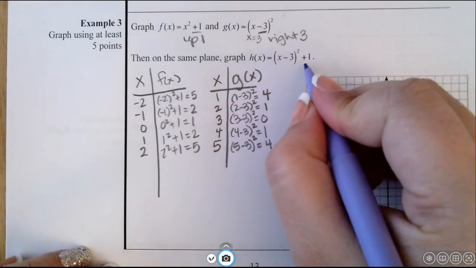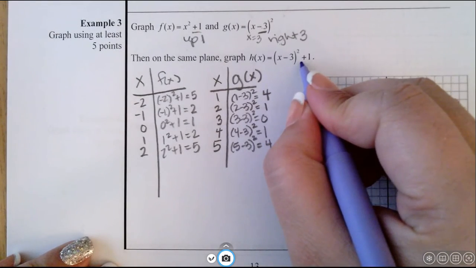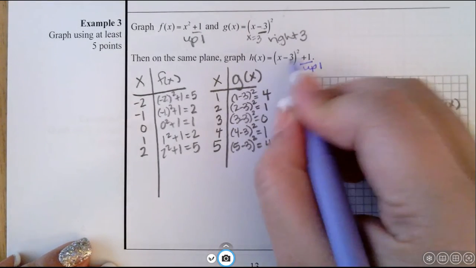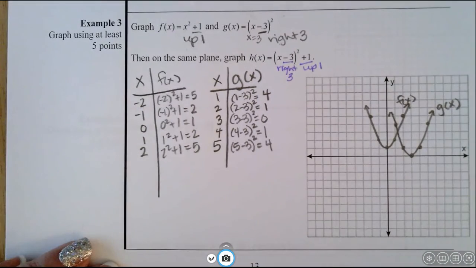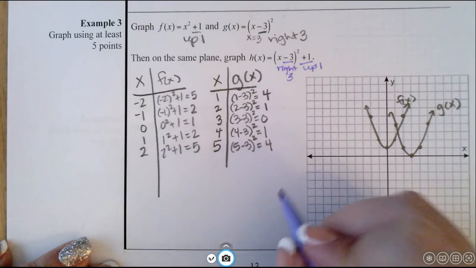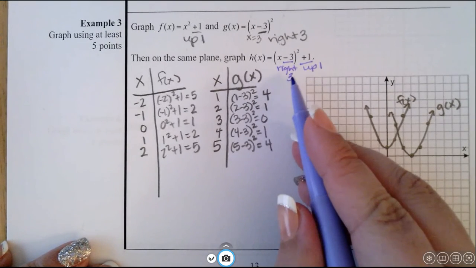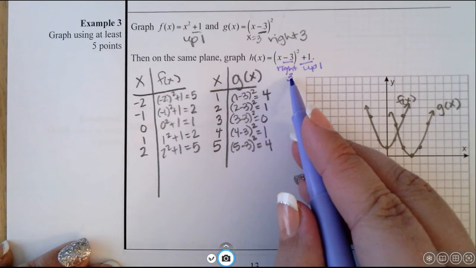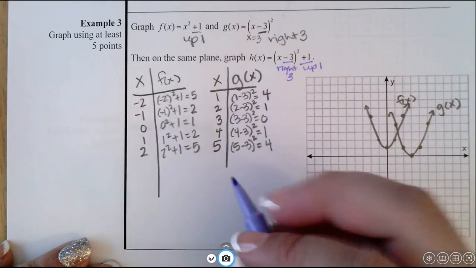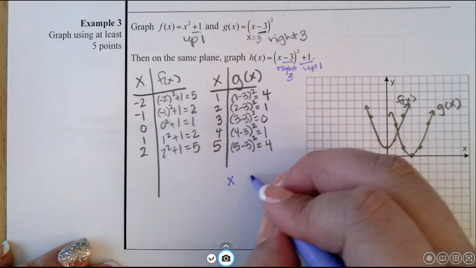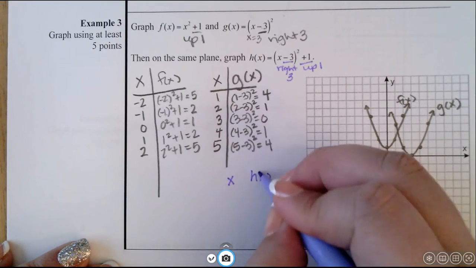So for h of x, we are not only going up by 1, but also right by 3. When I find my points, I want to start my table at 3 because that's where my middle will be. So we have x and h of x.